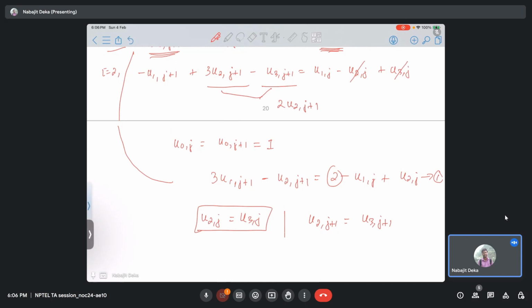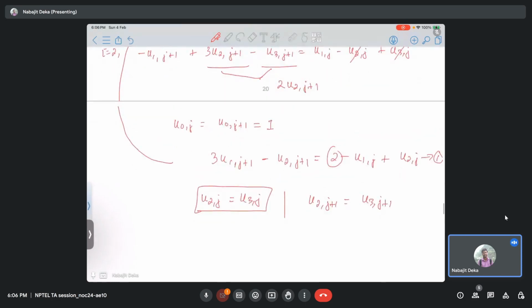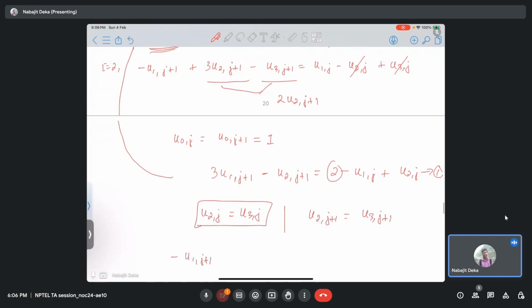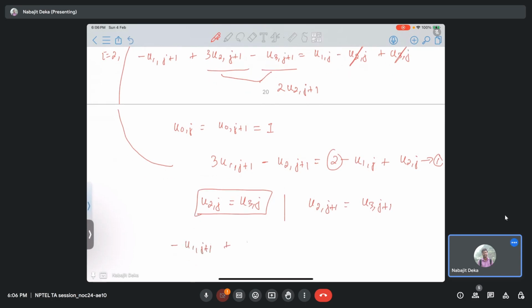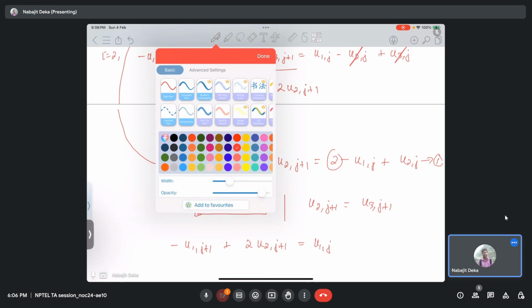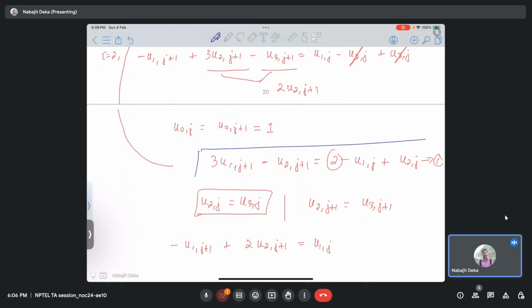These two are equal, so 3 minus 1 will be 2. So what we'll have is minus u1 j plus 1, and these two are equal, so it will get cancelled, plus 2 u2 j plus 1 into u1 comma j. So we have these two equations.